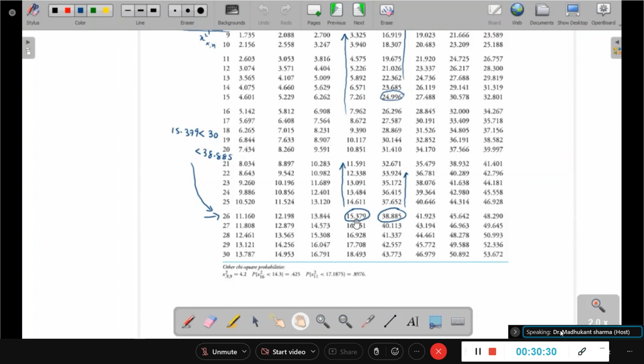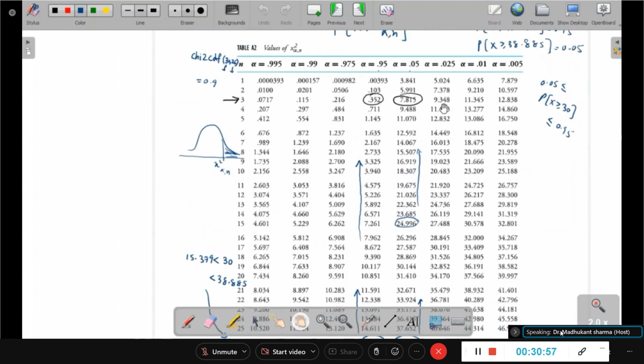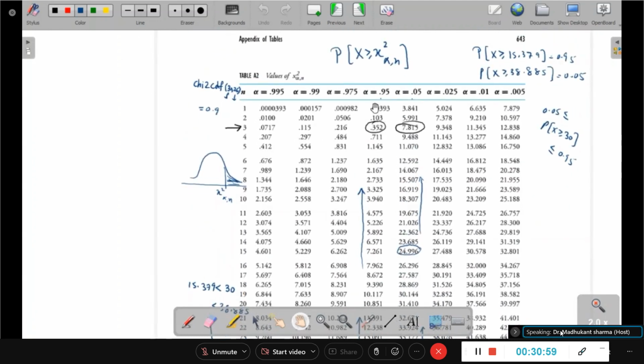There are two values, 15.379 and 38.885. So 30 lies in between these. The corresponding probability is going to be between 0.05 and 0.95.